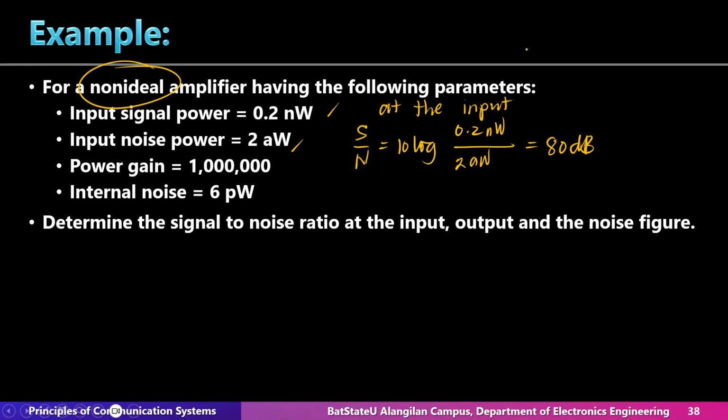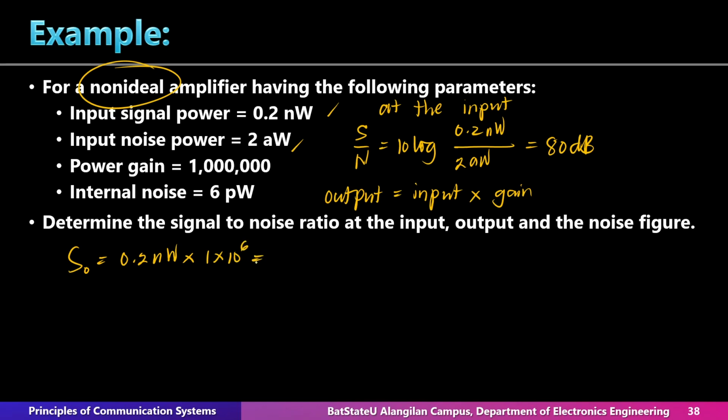Okay? Now the output, because remember, the output is equal to the input times the gain. So the signal power at the output is 0.2 nanowatts times the power gain, which is 1 million, or 1 times 10 raised to 6.